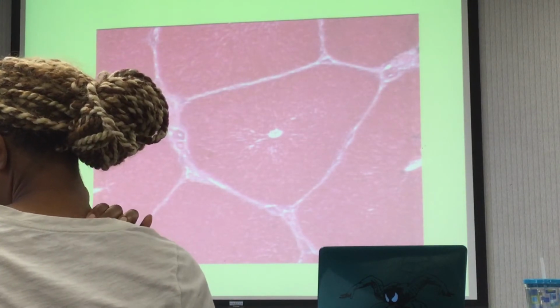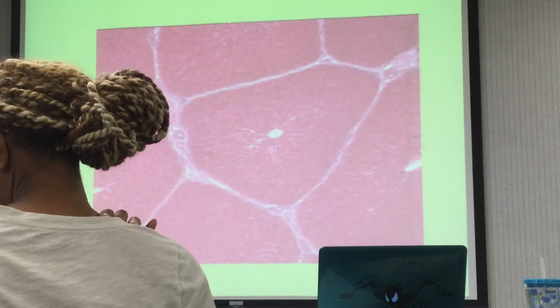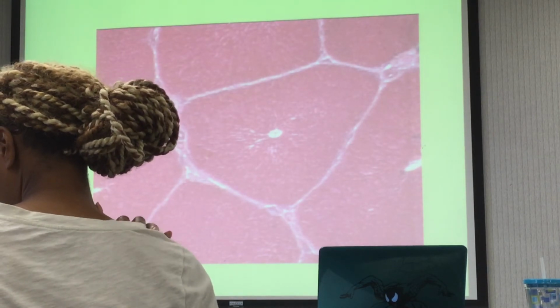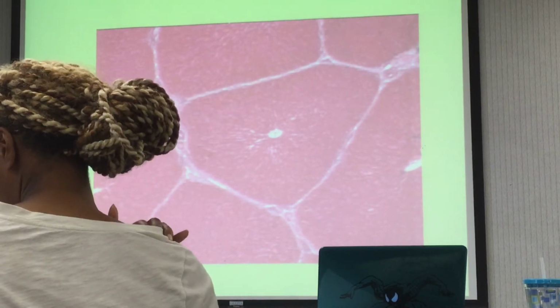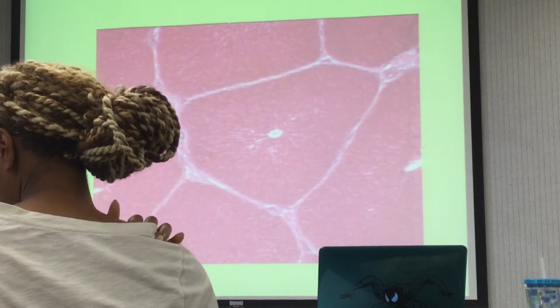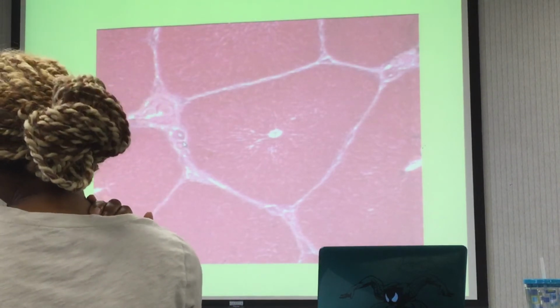Okay? Each one is specific. If you look at the bile duct, it has a different histology. They are cuboidal cells, though you don't see it here because it's not very clear. But with these three structures, be able to distinguish between a bile duct, artery, and vein.